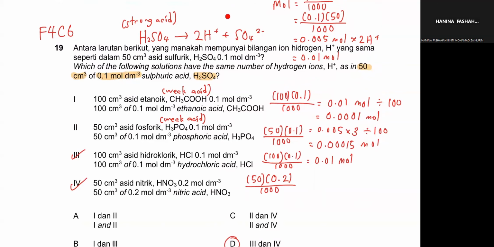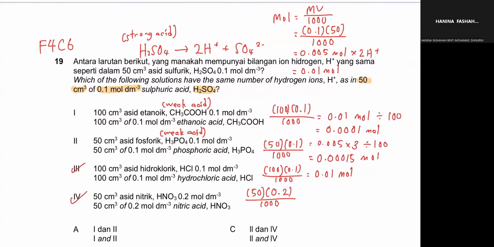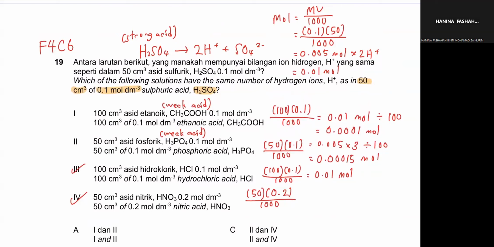This one is called diprotic acid. Other acids like HCl, HNO3, only produce one H plus. So that's why after I calculate the number of mole for sulfuric acid, I need to times 2, because one time they produce 2H plus.